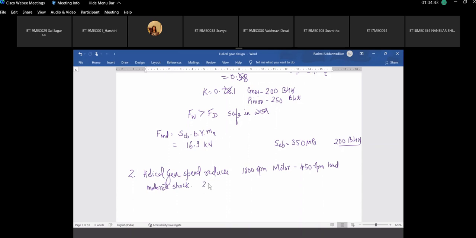The 24 tooth pinion has 24 teeth and has a normal module of 3 mm. So this is a problem where module is given. Face width 40 mm, this is also given.